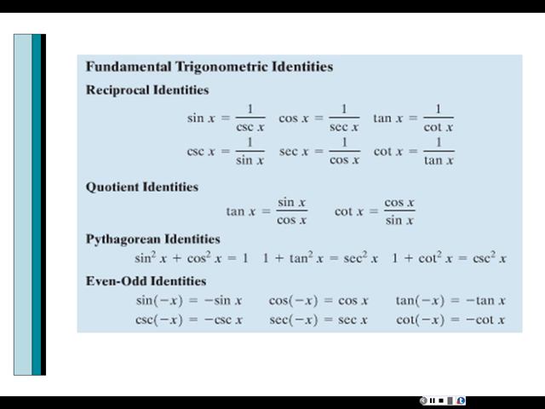I choose it from the quotient identities. Someone might have something else. So sec square is 1 over cos square x, because it's just 1 over cos, raised to a square. So that's the reciprocal identity, and then tan x equals sine over cos.